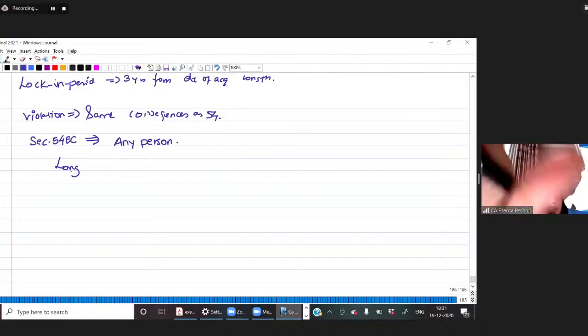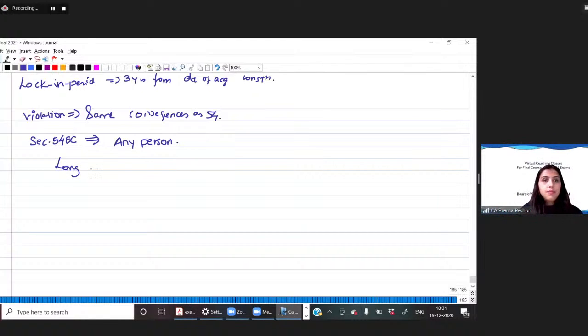Only long-term capital asset being land or building or both.